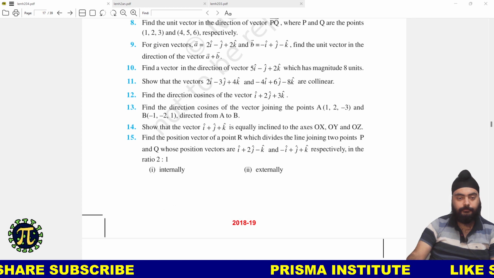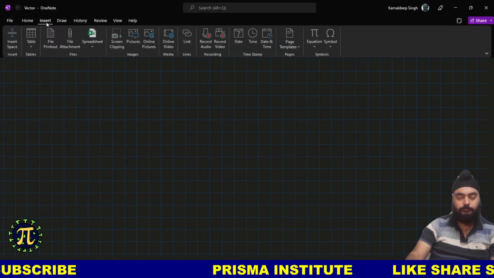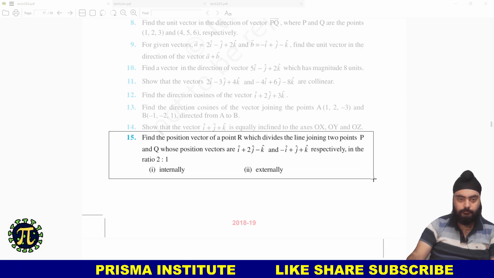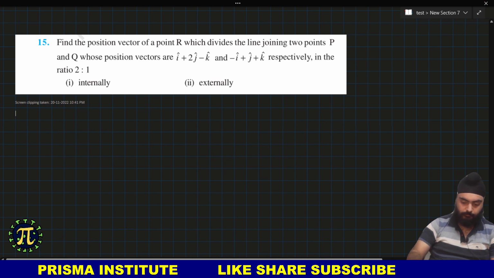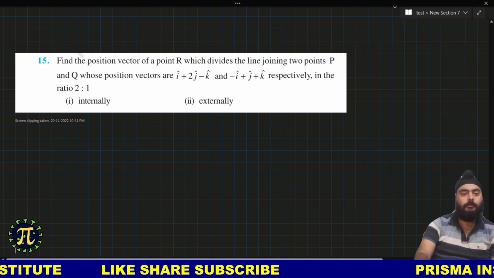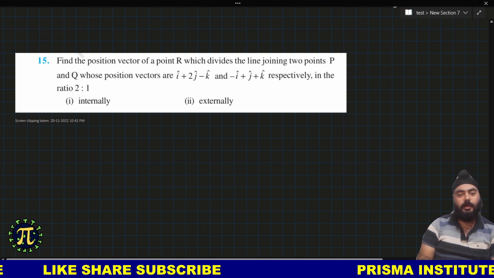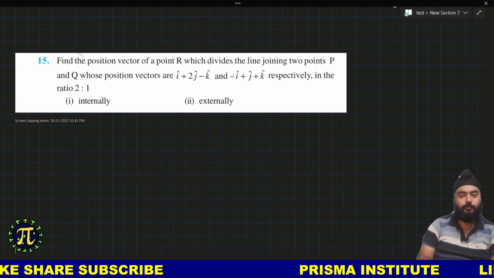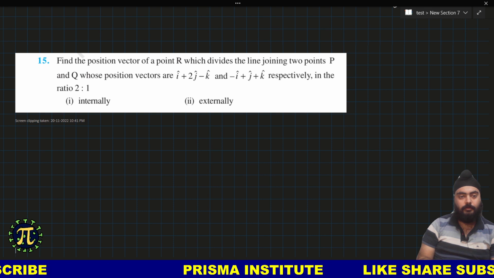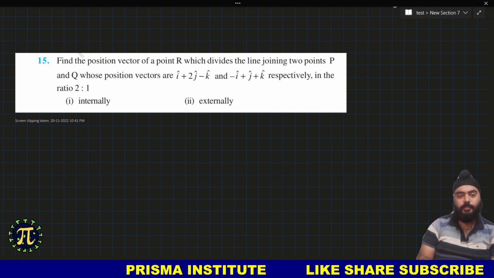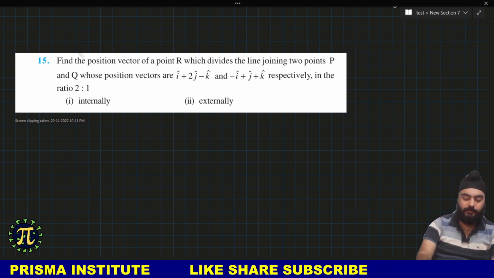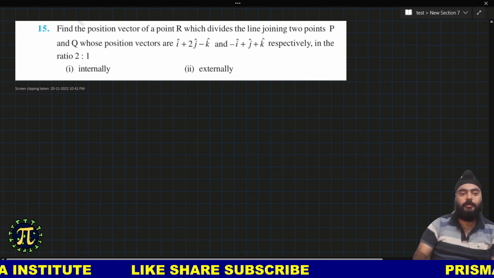Fifteenth question. Find the position of the vector r which divides the line joining two points P and Q, with position vectors given, internally in the ratio 2:1 and externally in the ratio 2:1. Okay, so we have the position vectors given, right?